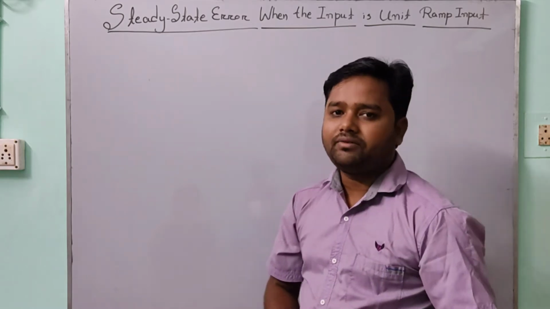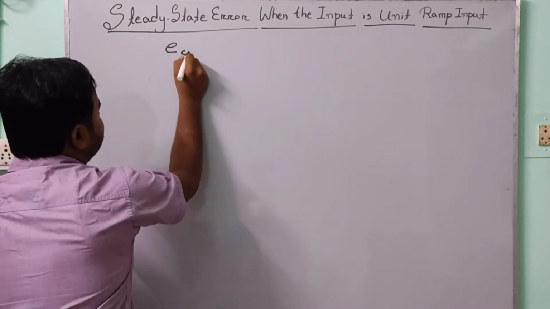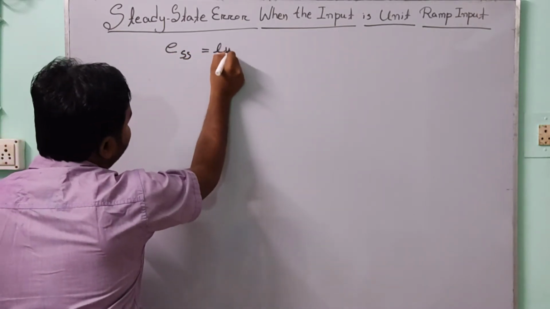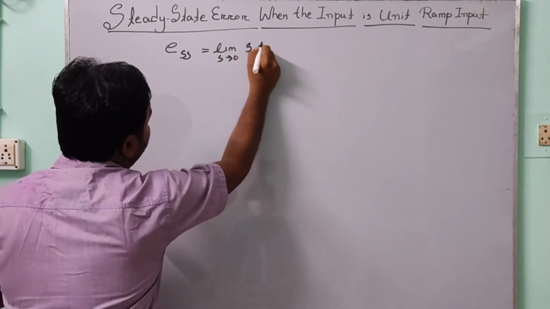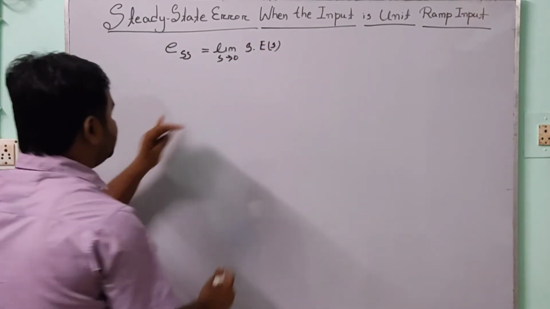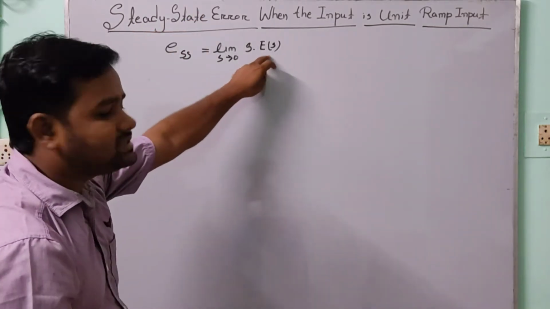The basic formula for steady state error is ESS is equal to limit S tends to 0 S into E of S. This is the basic formula for steady state error. Here, what is E of S?